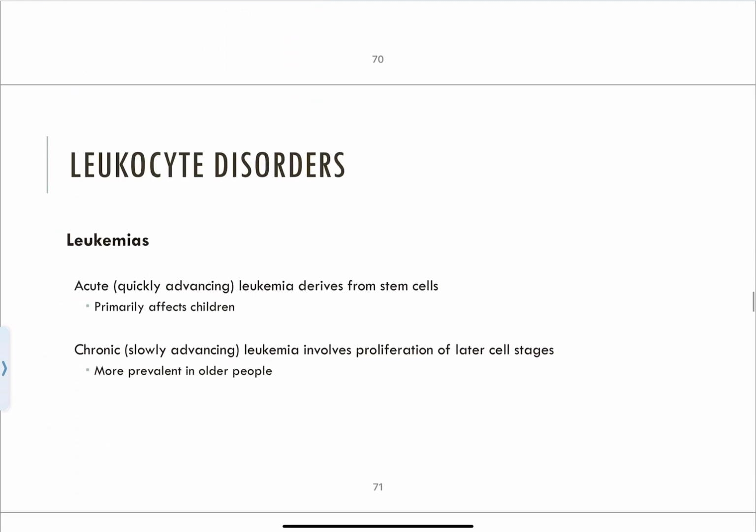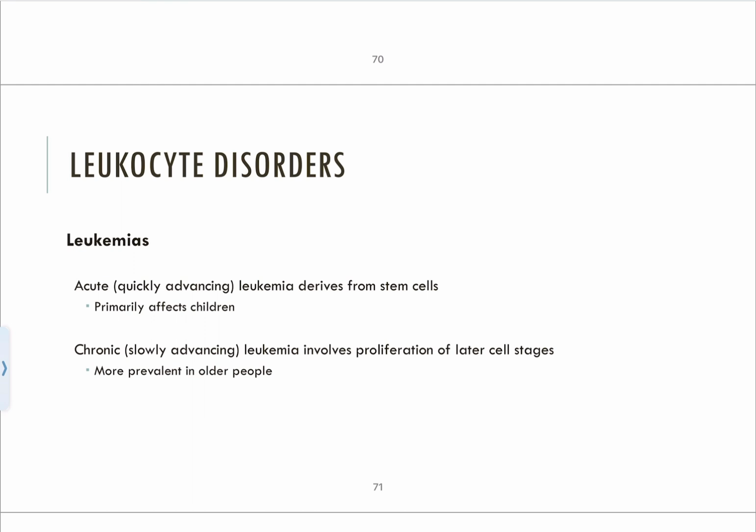When we're talking about leukemias, they're usually quickly advancing if they're derived from a stem cell. If we have acute leukemia, that's primarily going to affect children. We also have chronic leukemia, which is very slow advancing leukemia, which is going to involve proliferation of later cell stages, and this is going to be more prevalent in elderly people.